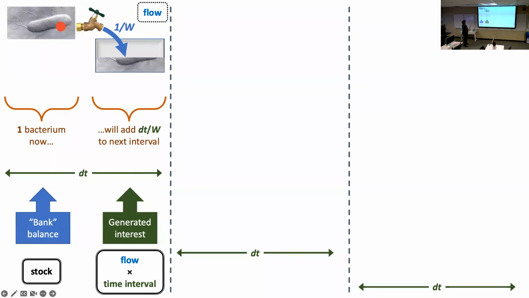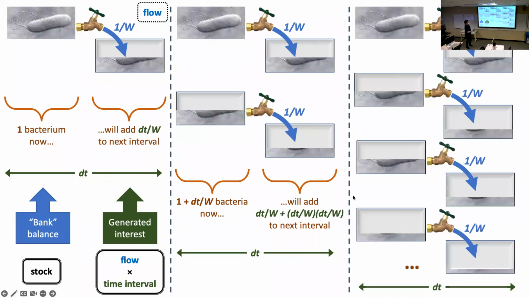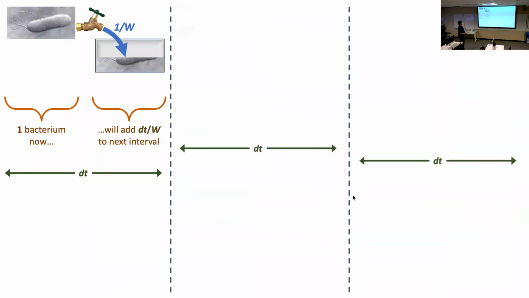We've got 1 bacteria produces a fraction. That fraction does not start producing until after the compound period. And then after the compound period, both the bacteria and its fraction start reproducing, but their reproductions aren't going to start reproducing themselves until after the next compound period, and so on. Exactly the same as we did with the bank here.